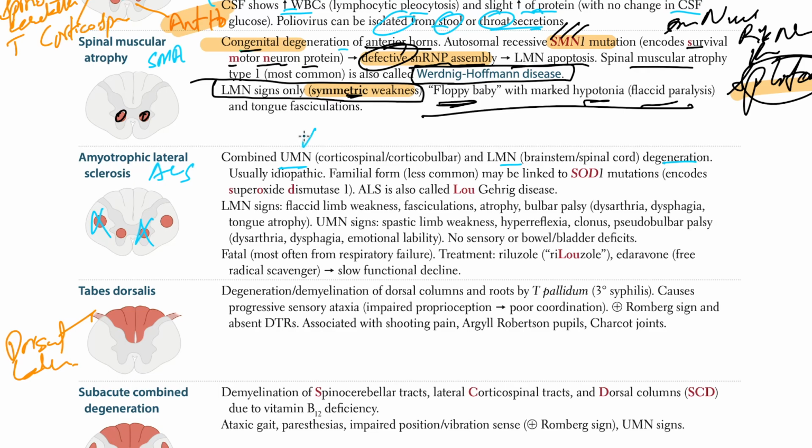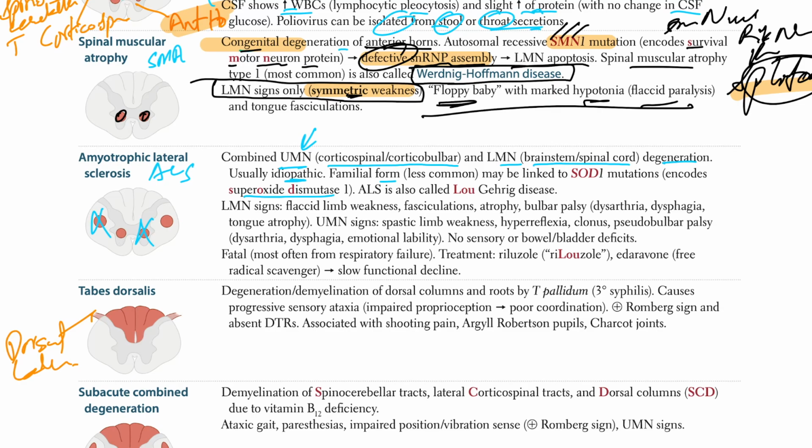Upper motor neuron lesion: corticospinal, corticobulbar tracts. Lower motor neuron lesion: brainstem, spinal cord, anterior horn damage. It's idiopathic. Familial form, less common, may be linked to SOD1 mutation, which encodes for superoxide dismutase 1. That's high yield. SOD1, superoxide dismutase 1 mutation.